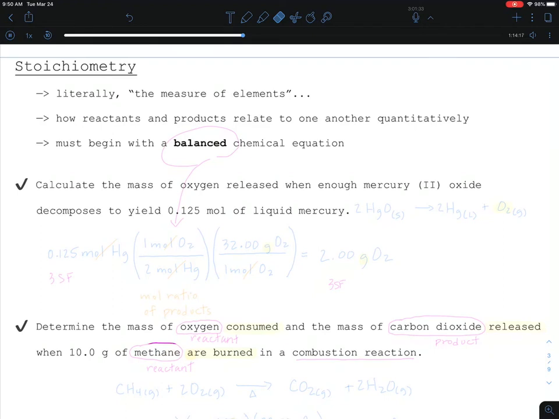And so when you're looking at a baking recipe, and it's 2 cups of flour to 1 cup of sugar, or who knows what, you need half a cup of water and a teaspoon of baking soda, or whatever it is, whatever you're combining, all of those ratios, right? It's telling you how the reactants and the products relate to one another quantitatively.